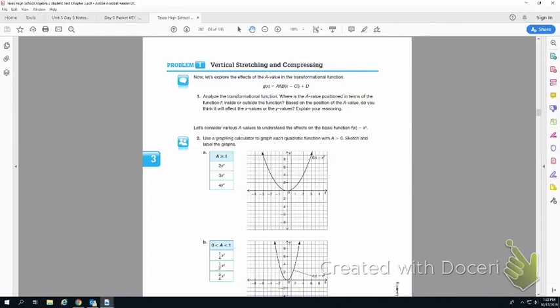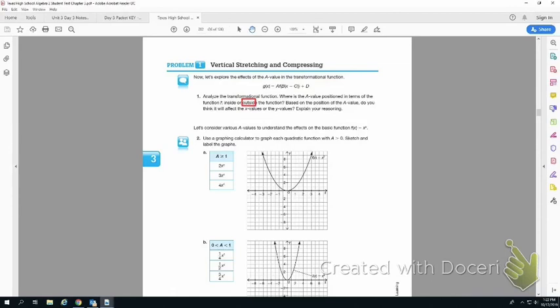Okay, and is the a value inside or outside the function here? It is outside. Okay. So based on the position of the a value, do you think it will affect the x or the y values?